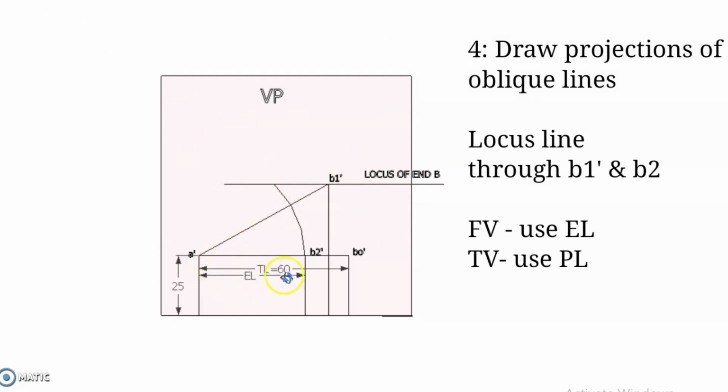This elevation line is transferred to this locus of end B by using the compass. Just take this distance in the compass, take the center point and draw this arc, and this arc will cut the locus of end B at this point.